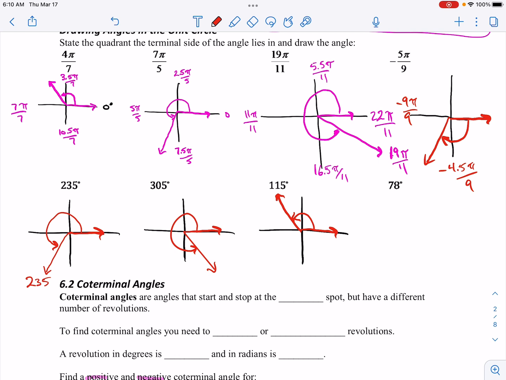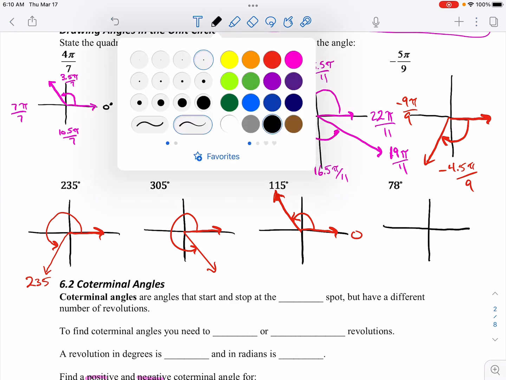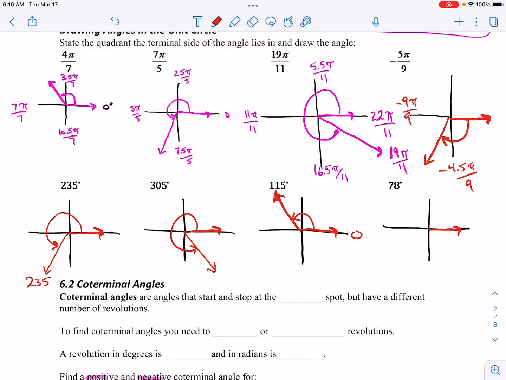So when you draw these angles, you have an initial side and a terminal side. You always have the initial side pointing in the direction of 0 degrees or 0 radians, and the terminal side pointing at where you stop. Okay, 78 is going to be somewhere between 60 and 90. So we have our 0 and somewhere between 60 and 90. And again, this one's counterclockwise because it's positive.